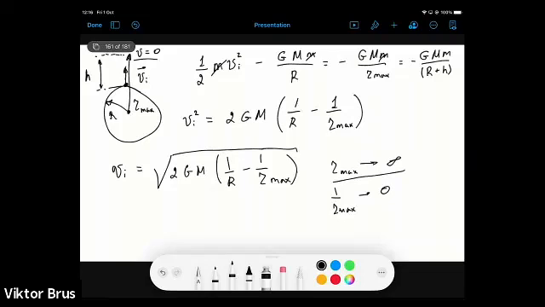And in that case, the initial velocity, in order to reach a distance approaching infinity, should be larger or equal to the square root of 2G times mass of the planet divided by its radius.